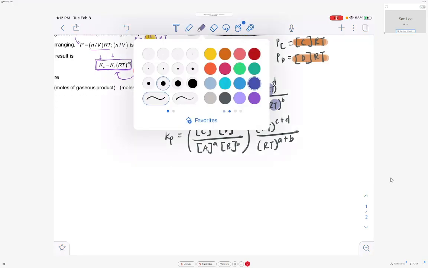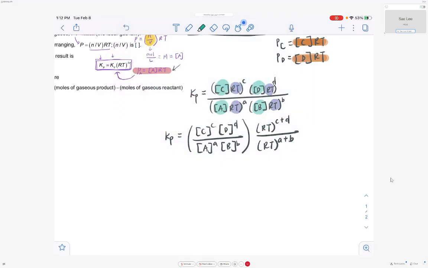I'm not sure if you have already figured out, this is basically Kc: the concentration of products over the concentration of reactants.